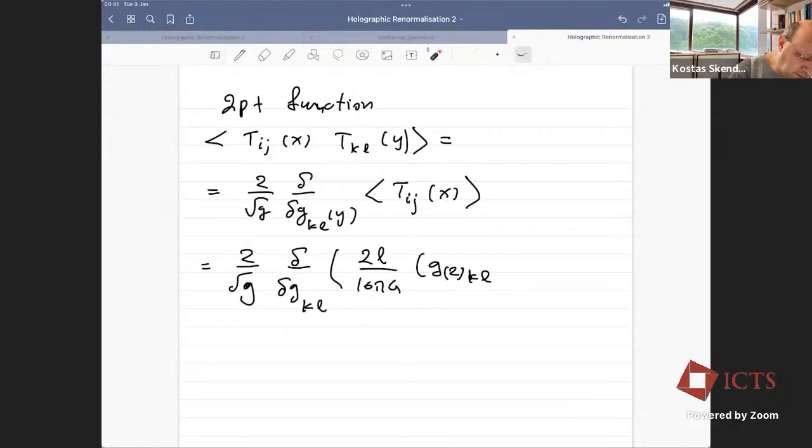So if we know the 1-point function inserted at position x, and we want an insertion of the second one, we differentiate with respect to the source. And for this, we know a formula. Again, the indices are wrong.